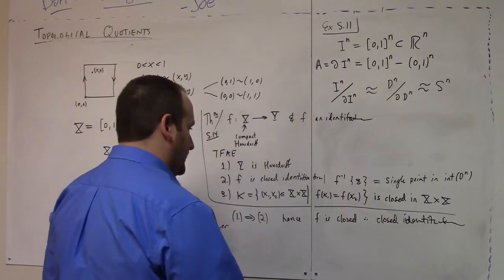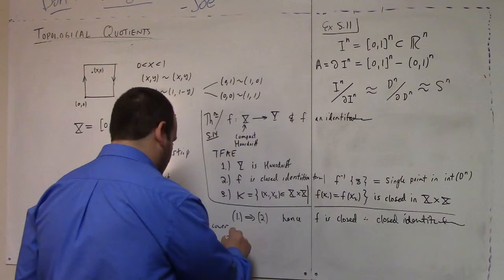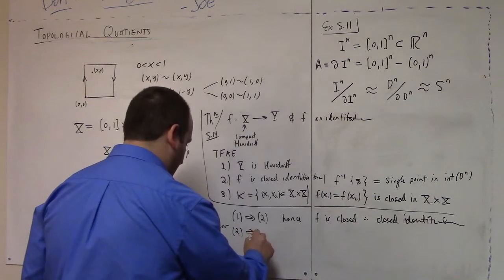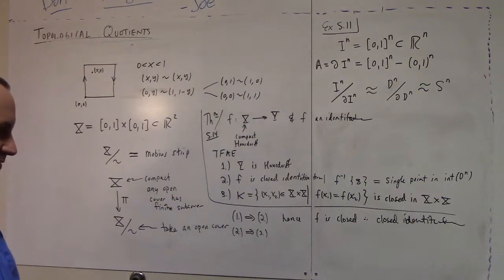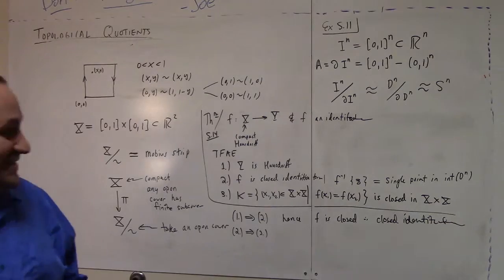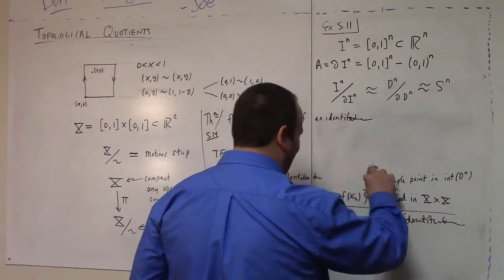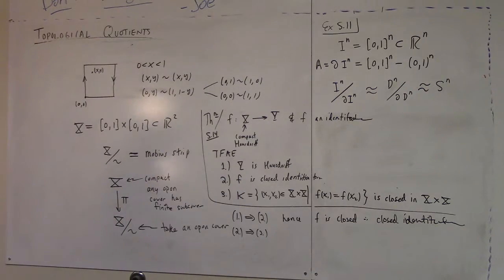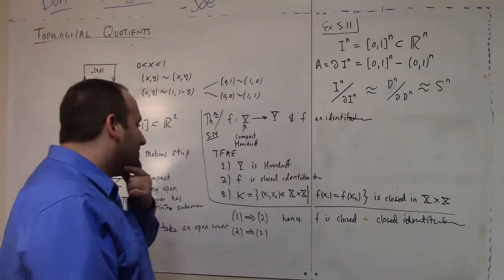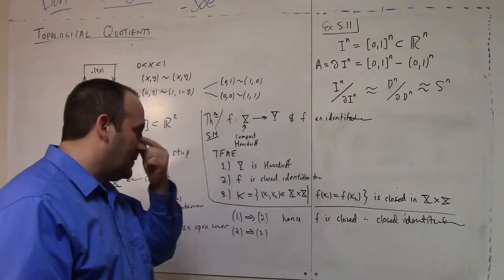You want to try for 2 implies 3? Sure. So we assume f is a closed identification. I'm such an idiot. I was reading this as part of the theorem. All right. So we need to look at this.